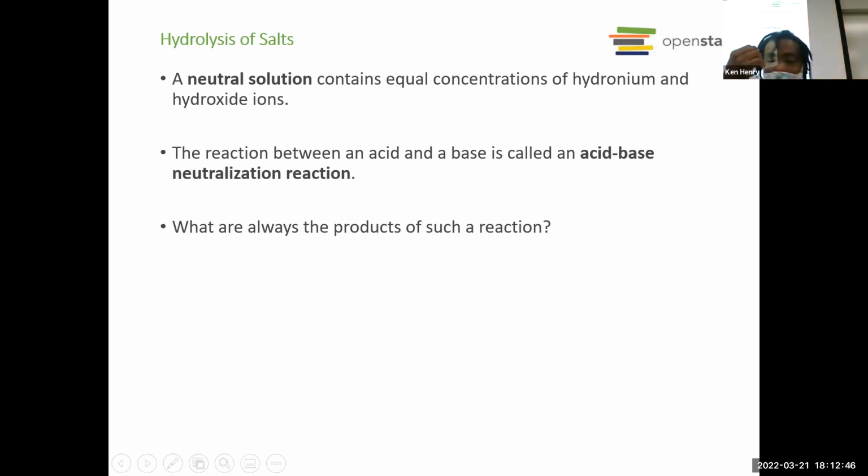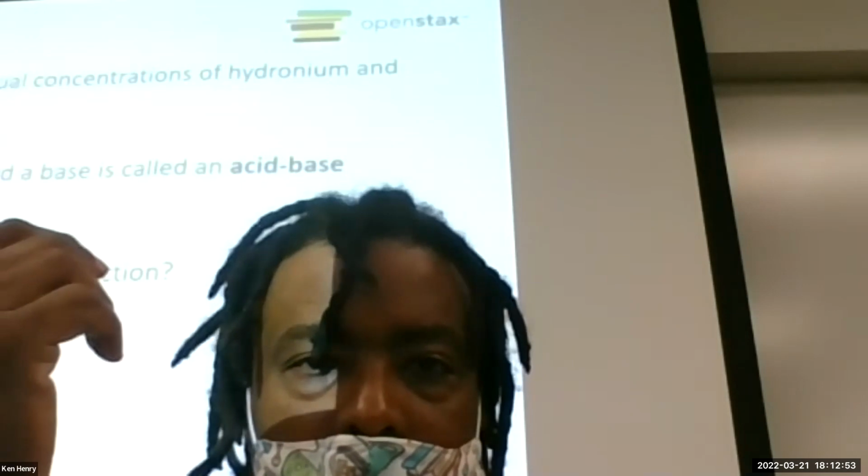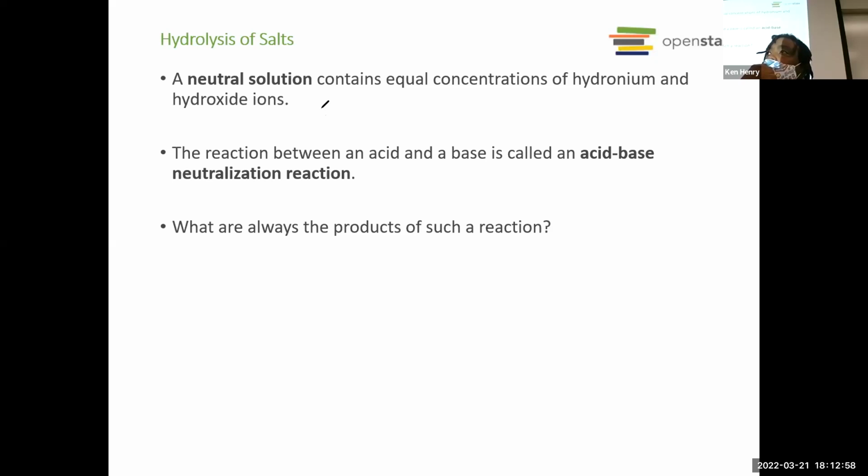So in the case of water, we know that the concentration of OH- and the concentration of H3O+ are going to be equal to each other. That's when a solution is considered to be neutral.